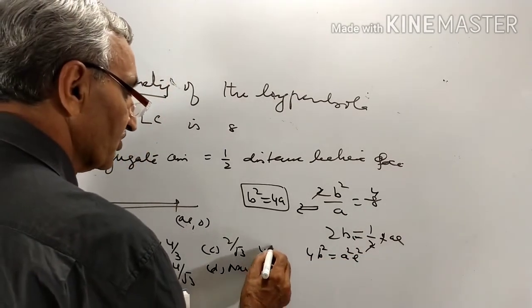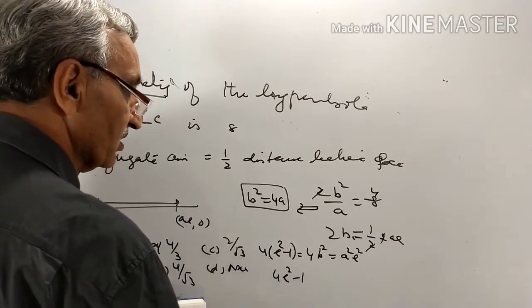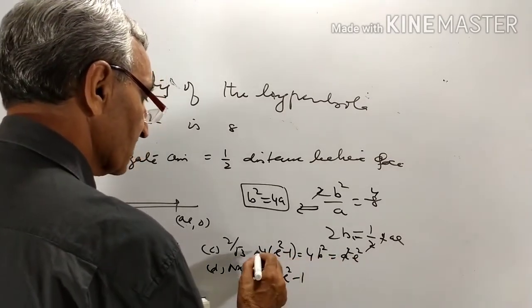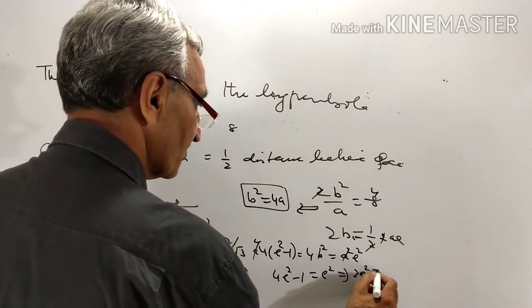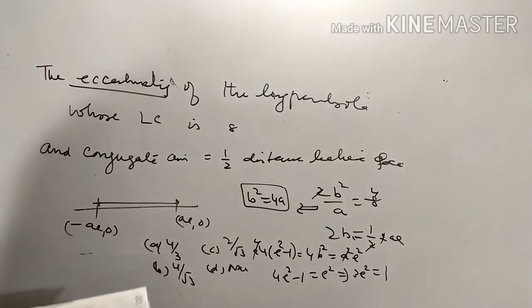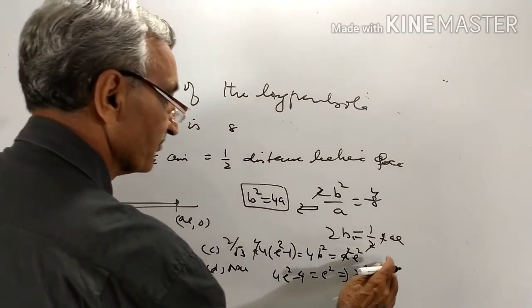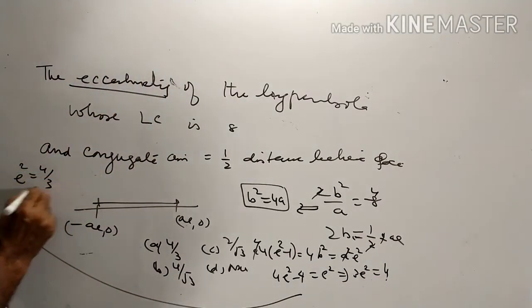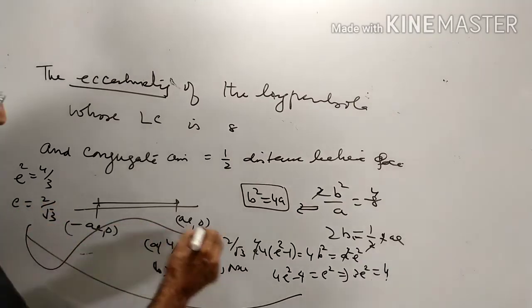Well, 4 into e square minus 1 is equal to 4e square minus 1 into a square, a square cancels, is equal to e square. Therefore 3e square is equal to 4, e square is equal to 4 by 3 and e is equal to 2 upon under root 3. So C is the answer.